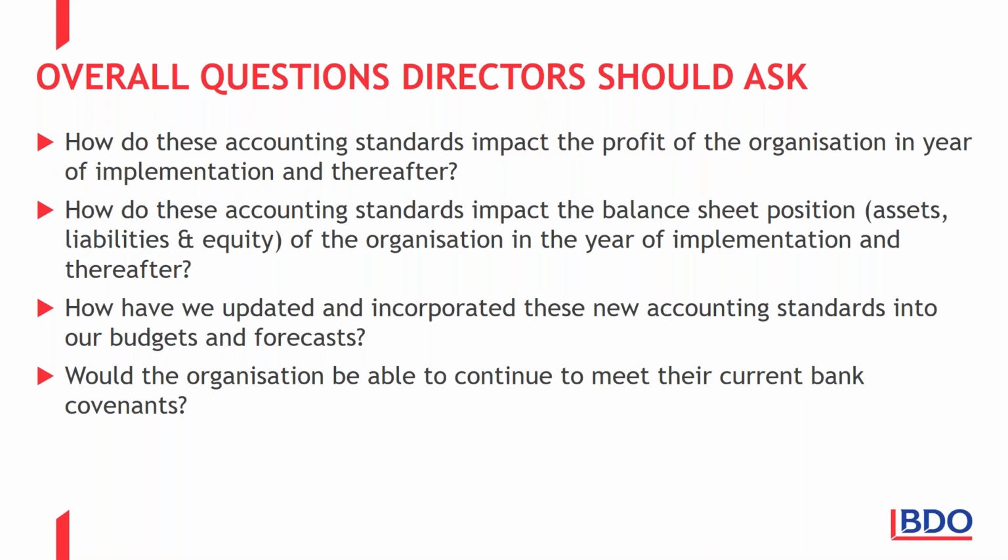From an overall point of view, you really want to start asking from a governance point of view: how do these accounting standards impact the profit of the organization, not only at date of implementation, but also thereafter?